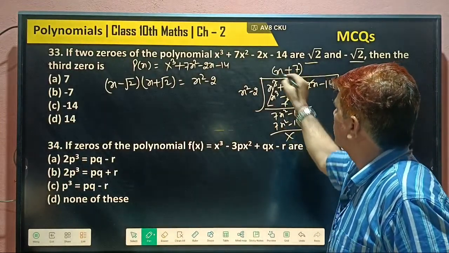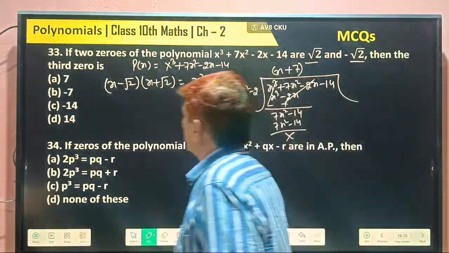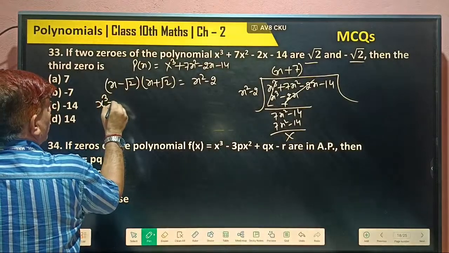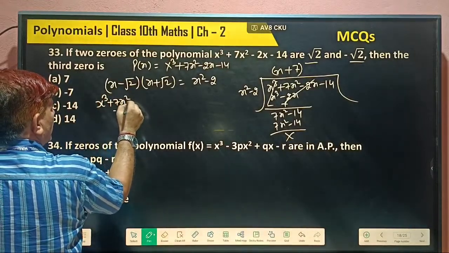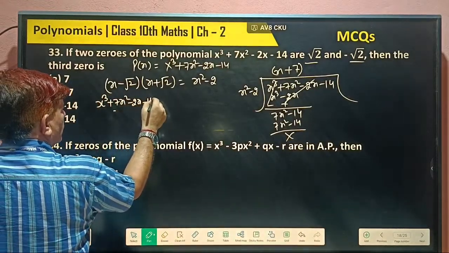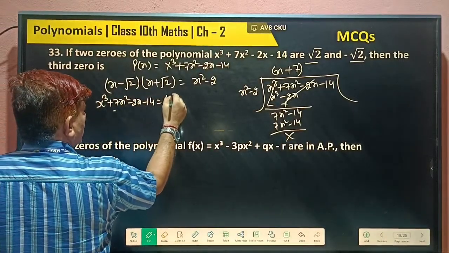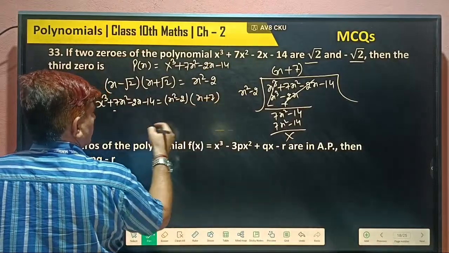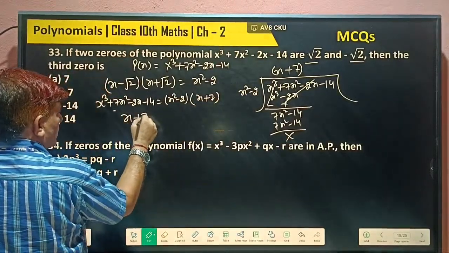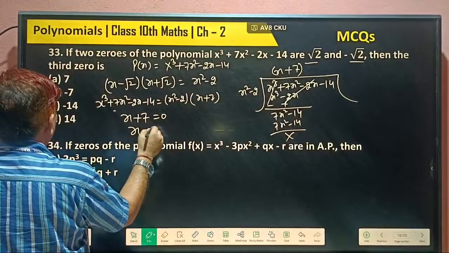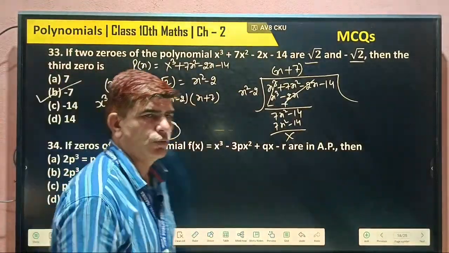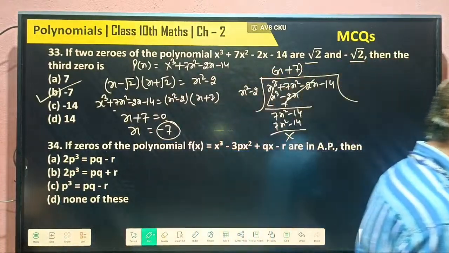So this one is also its factor. We can write x cube plus 7x square minus 2x minus 14 equals x square minus 2 times x plus 7. So put x plus 7 equal to 0. What's the x value? Minus 7 is the third zero of this polynomial.